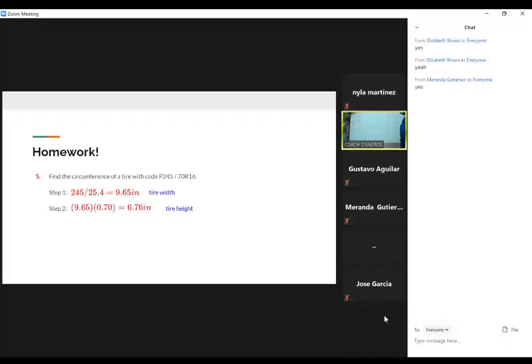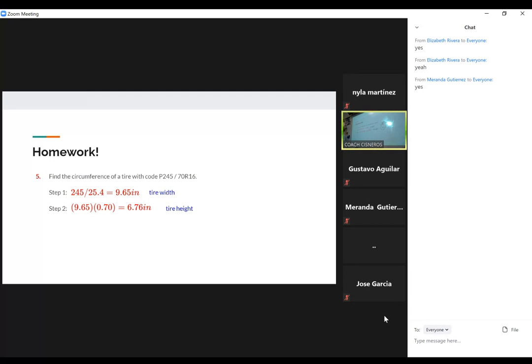Step 3. Remember, the height is just that part. Actually, let me draw this real quick. Remember, on my tire, the height I just found is this part right here. It's just that little part. So how do I find the diameter of the whole tire?